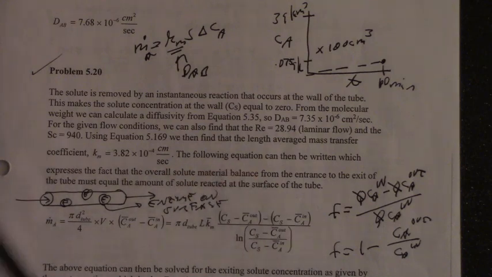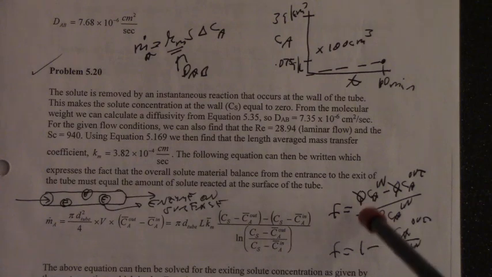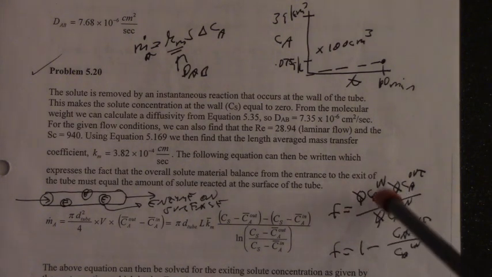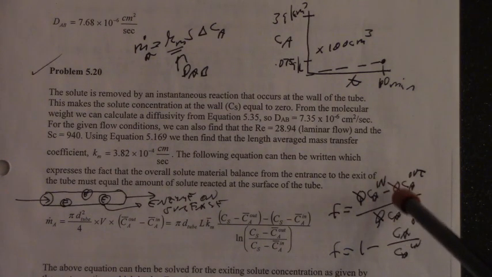So the whole process is mass transfer controlled, and we're also asked to find the fraction of the incoming solute that's removed, which I call little f. The way you get that, the fraction removed, would be how much is coming in, which would be Q C_A in minus Q C_A out.